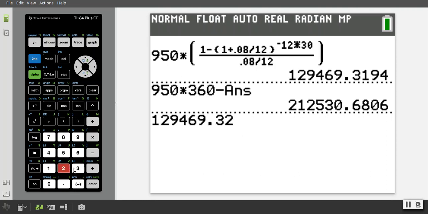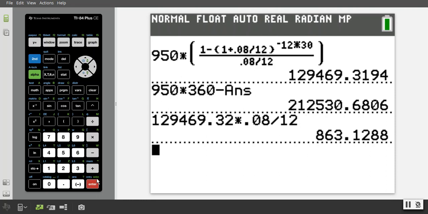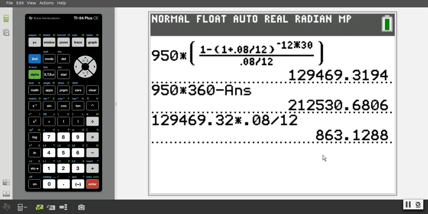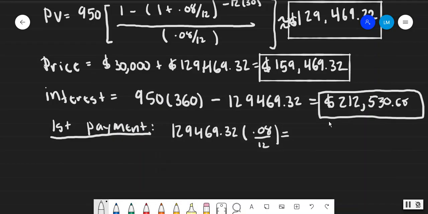And for those that already have experience with this, you probably have an idea where I'm going with this. Okay, so the amount of interest that was owed is 863 and 13 cents. So we have that the amount that was due was 863 and 13 cents.